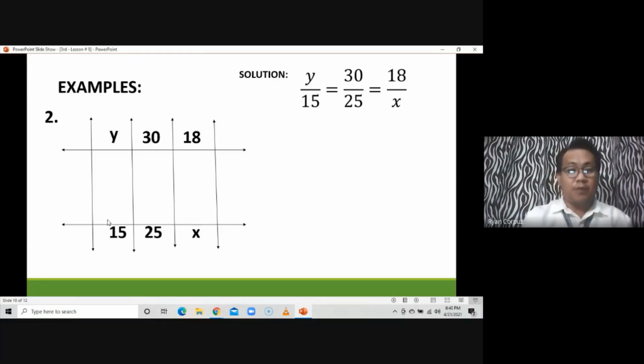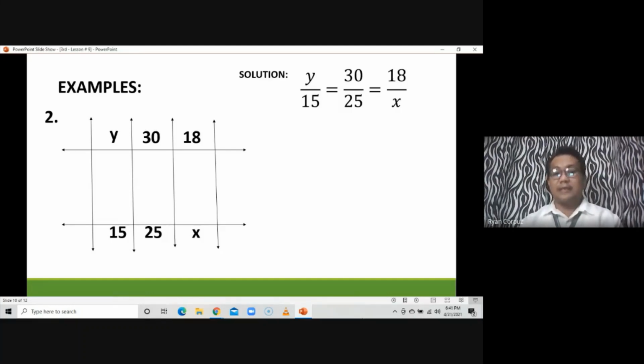So, we form the proportion vertically. Ang goal natin for this example is to solve for the value of x and the value of y. But take a look at the given ratio without a variable. That's 30 over 25. Yung 30 over 25 ba, pwede pa nating ma-reduce into lowest term?